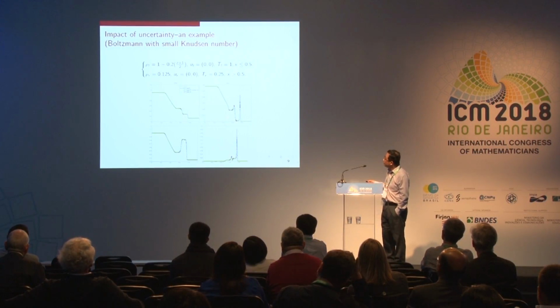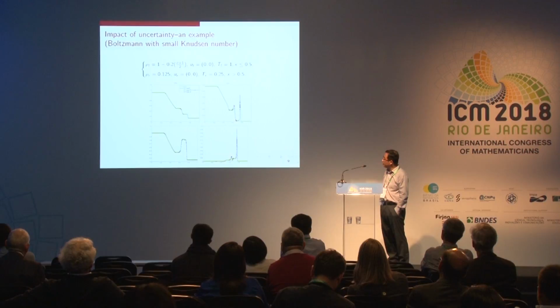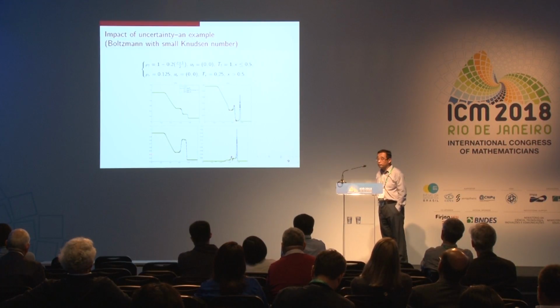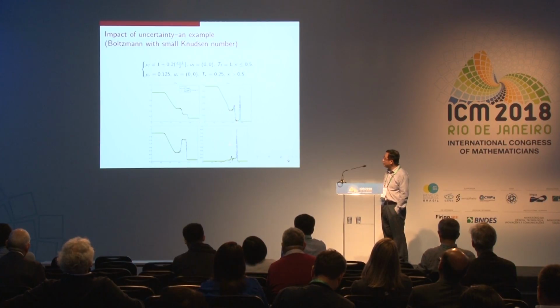But if you look at the standard deviation, then you see there's a big deviation near the shock. All right, this is the heat flux. So if you want to design an airplane or a space shuttle, you have to make sure the material of your vehicle can survive such a big deviation of heat flux, because you don't want your vehicle to burn, right? So clearly the deviation is something you worry about.